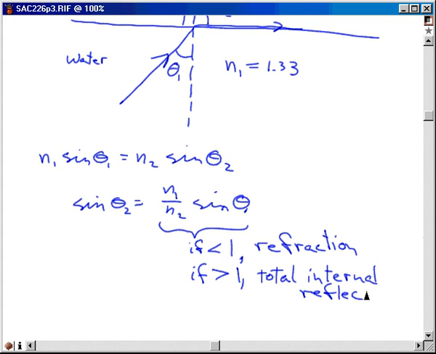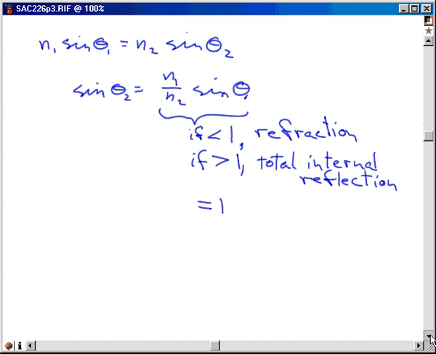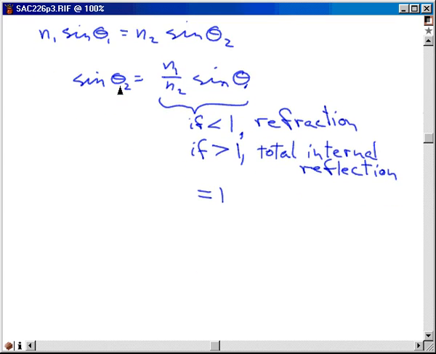And the boundary case, or the threshold case, is when it's equal to 1. If it's equal to 1, then theta 2, the arc sine of 1, is 90 degrees, and the theta 1 that makes this exactly equal to 1 is the critical angle.